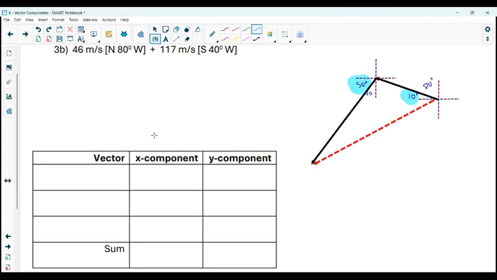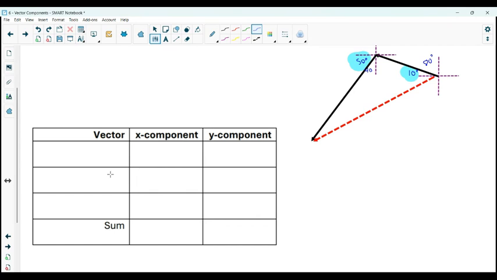Okay, let's go to our table here. Our first vector we said was, and these are velocity vectors, right? So I'll say my first velocity vector is going to be 46 meters per second, and my direction is, I could say, west 10 degrees to the north. I could also have written that as north 80 degrees west, but it works out the same.